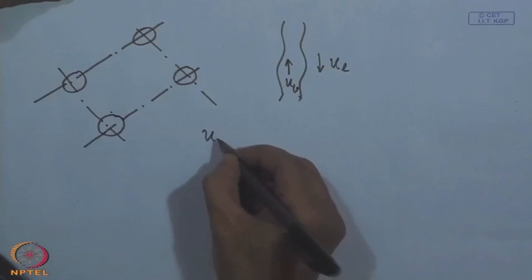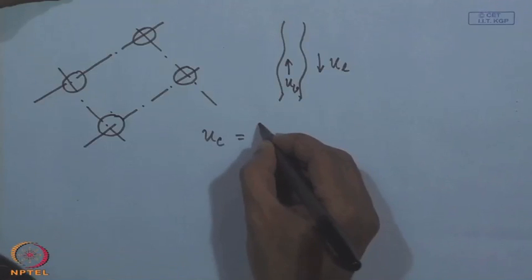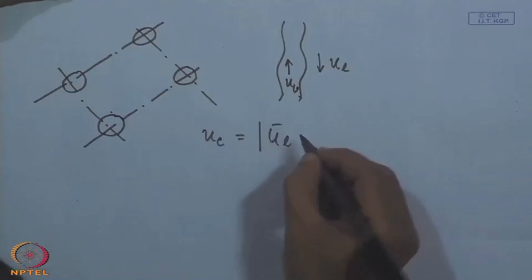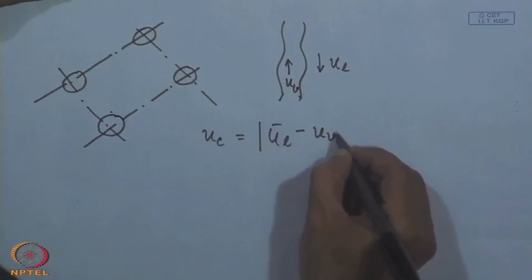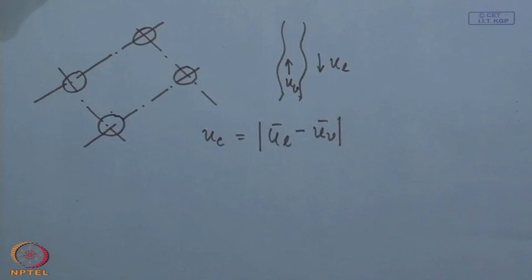So, UC, that is given by UL bar minus UV bar. That means we have to take care of the direction of these velocities also.